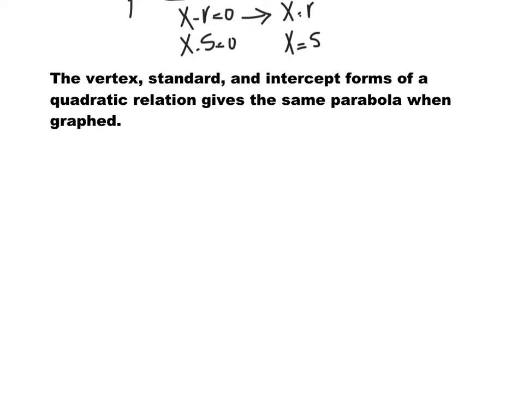What it means is that if you have a quadratic equation either in vertex form, standard form, or intercept form, they are all going to be graphed the same, meaning the graph of the three equations is going to be the same. It's different forms of equations, but the graph is exactly the same.